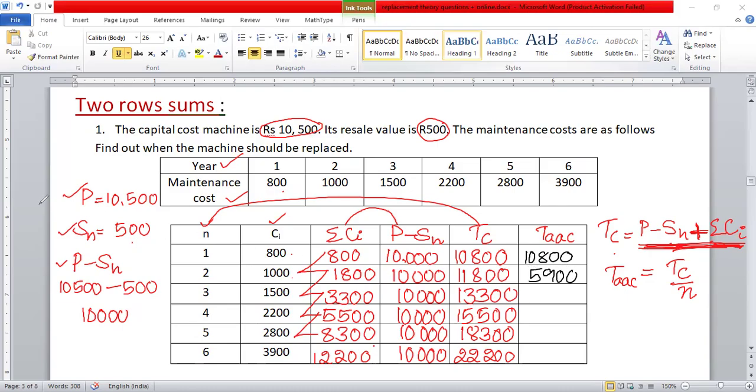So look at that here, important one. Compared to 10,800, 5,900 decreases. Remember for you, it decreases. Now, 13,300 divided by 3.